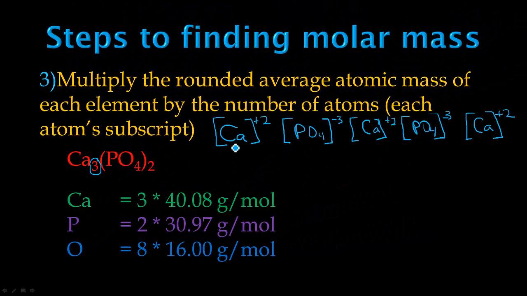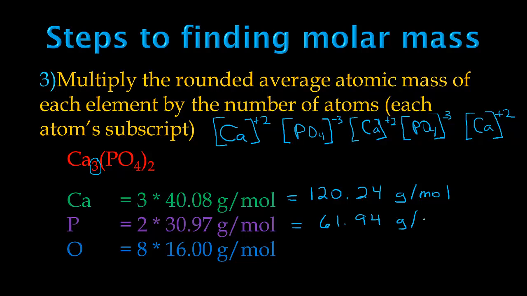So if you look here, we have 1, 2, 3 calciums. So 3 times 40.08 is 120.24 grams per mole. And 2 times 30.97 is 61.94 grams per mole. If you choose to use AMUs, that's fine too. 8 times 16 is 128.00 grams per mole.